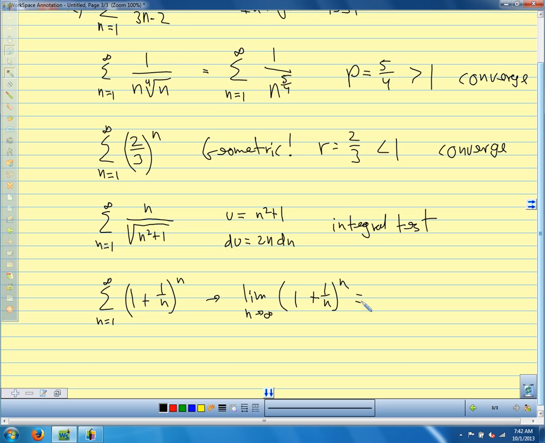This is an important one. They're all n's. All n's. So, by the nth term test, this diverges.